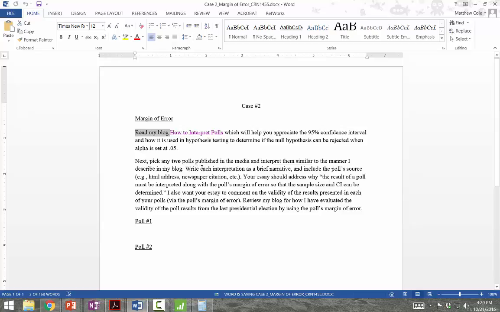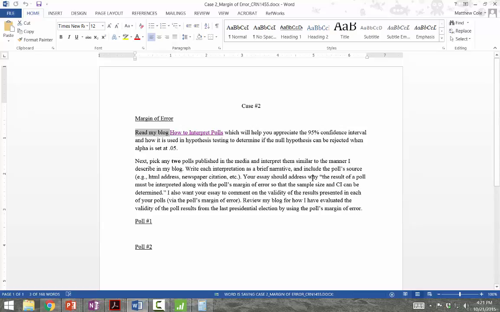You will write each interpretation as a brief narrative and include the poll's source, meaning you need to cite the poll. Was it from a website? Give the newspaper. Did you see it on TV? So to cite the TV, just give the station, the date, and the time.